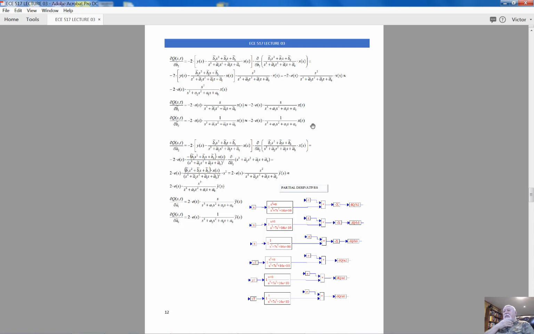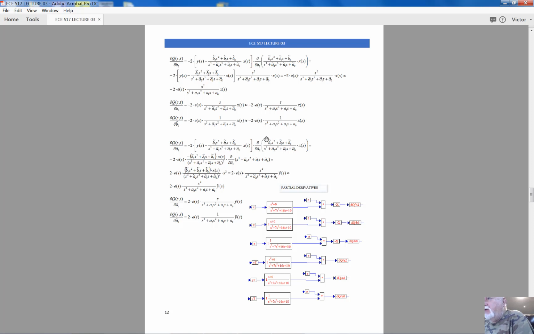I have a little bit more complex task. When I will be taking the derivative of criterion Q with respect to parameters A tilde, because parameters A tilde are in the denominator. Look, I have this minus because the expression in the square brackets has minus in front of the part dependent on parameter A2 tilde.